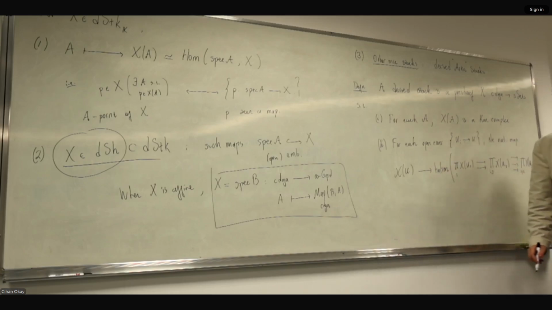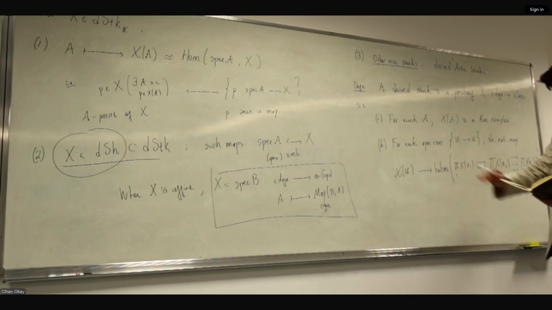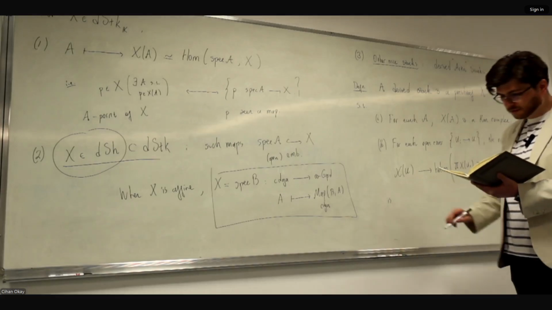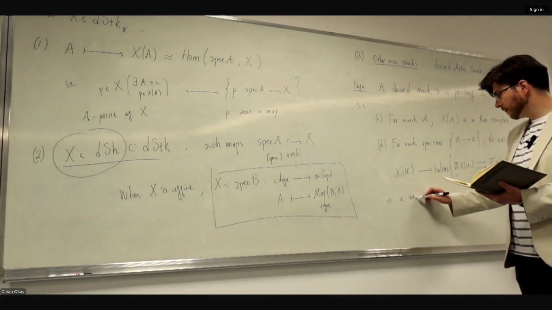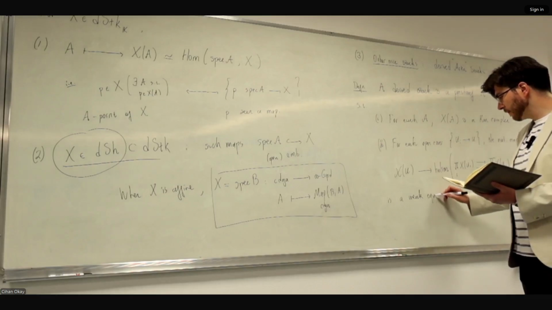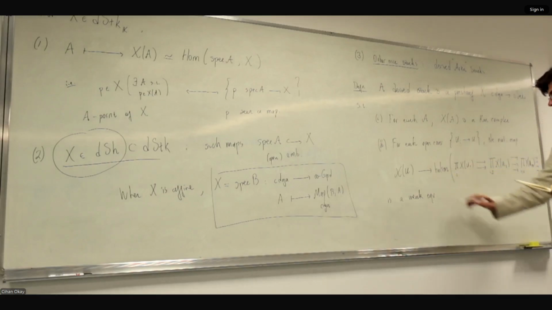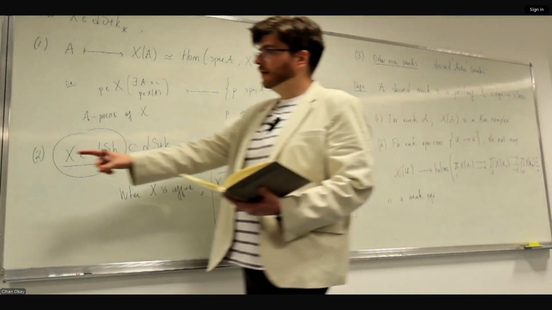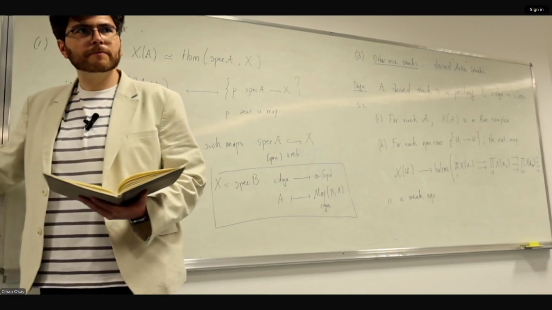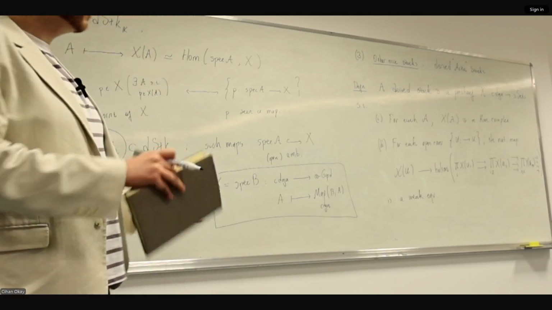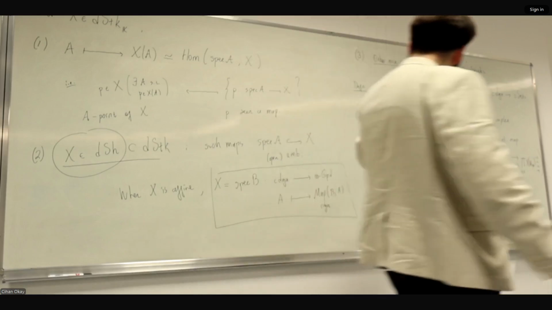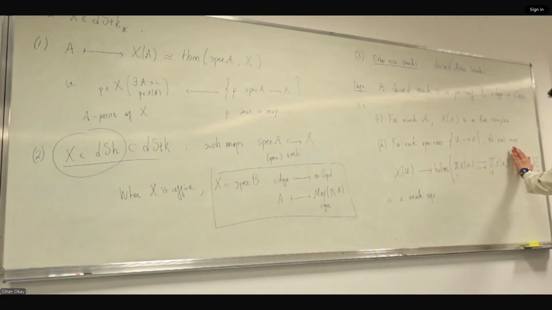Okay? So if you remember, we also have a model structure. So if this map is a weak equivalence, then actually it corresponds to this gluing data. Okay? So remember the definition of a sheaf. Actually, you will have exactly the same definition, but it stops here.